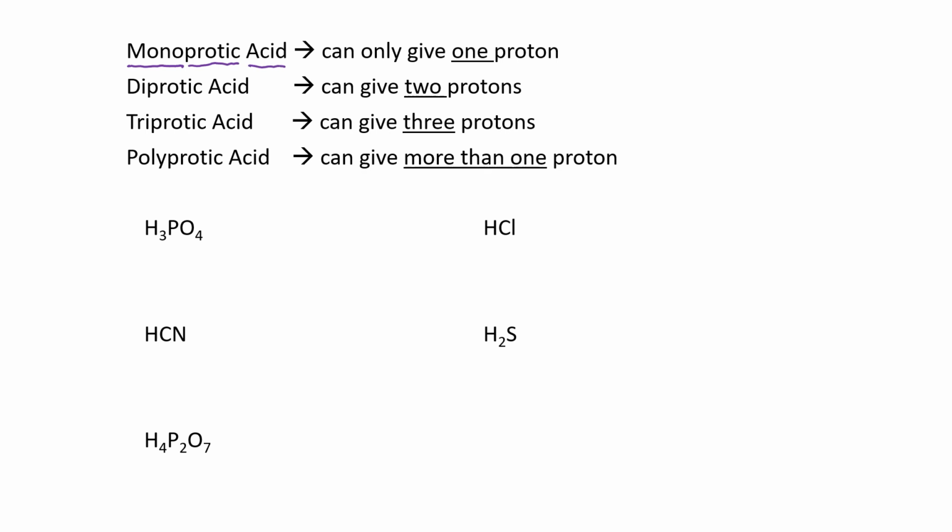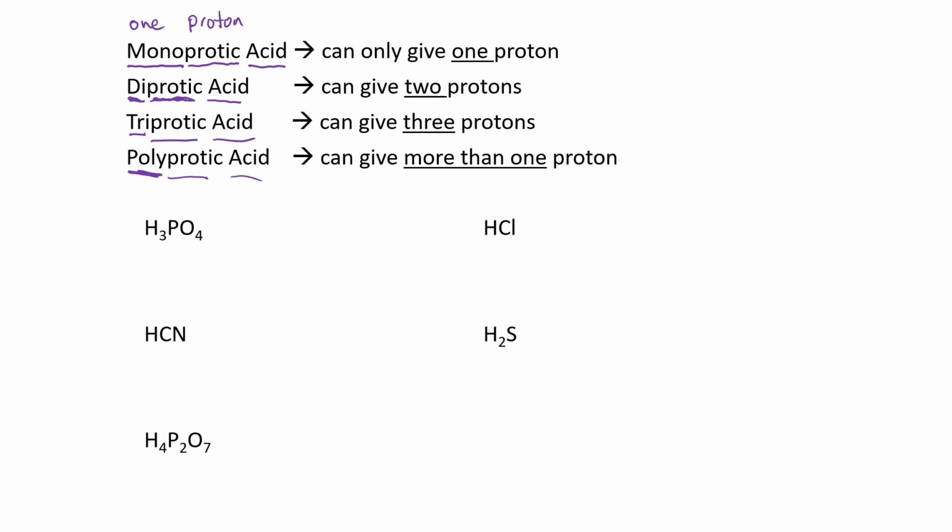Now, mono meaning one, protic meaning proton, and acid meaning acid. That means one proton acid. Di means 2 proton acid, tri means 3 proton acid. Poly means many proton acid.